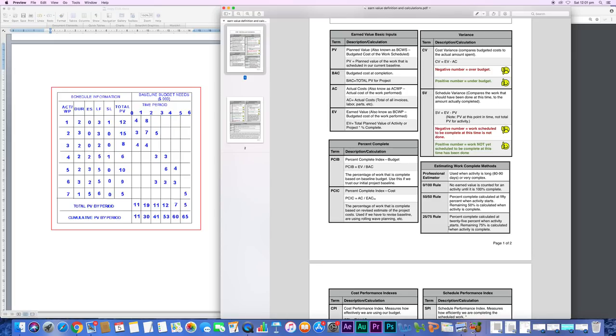That is all fine. You can send us an email if you don't understand something, and please learn what a percent complete index is, what is estimated at completion, estimated to complete, variance at completion.